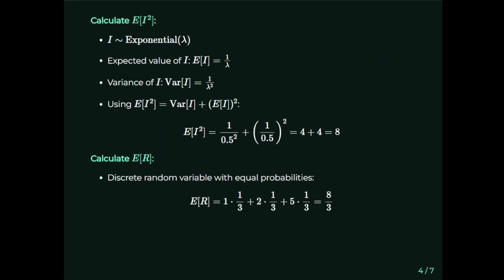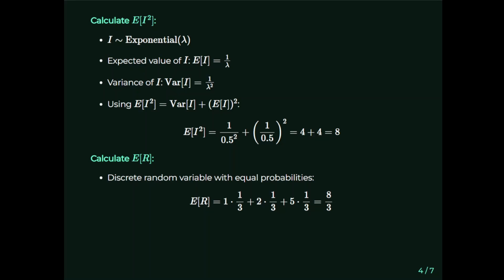I is an exponential random variable with parameter lambda. Using our knowledge of the exponential distribution, the expected value of I is 1 over lambda, and the variance of I is 1 over lambda squared. Now what we want is the expected value of I squared, so we rearrange the formula for the variance algebraically.